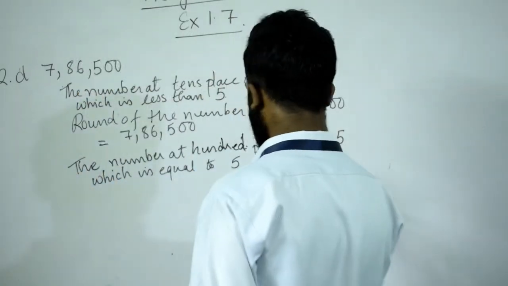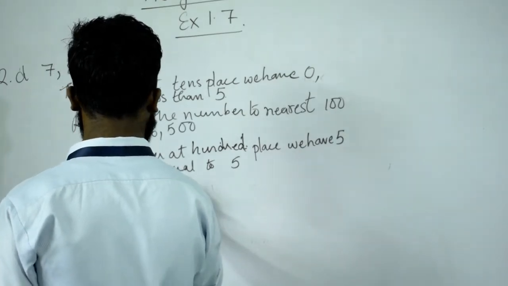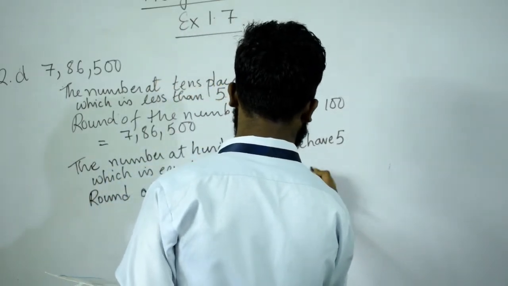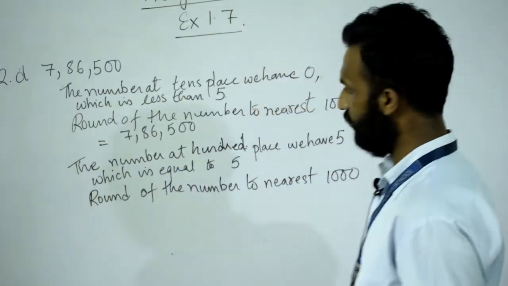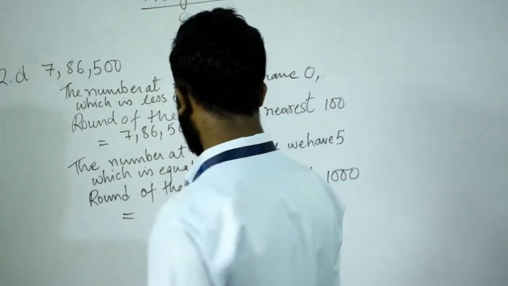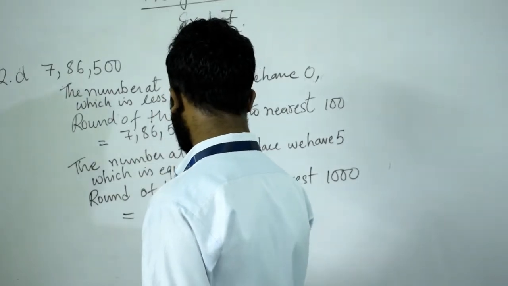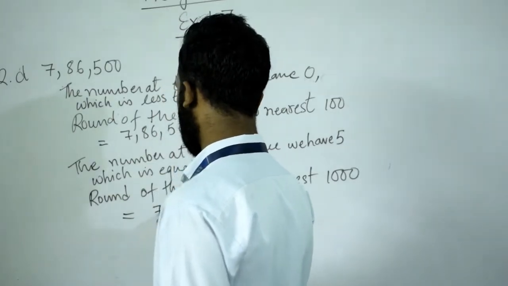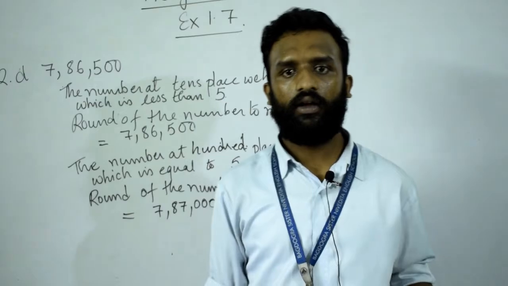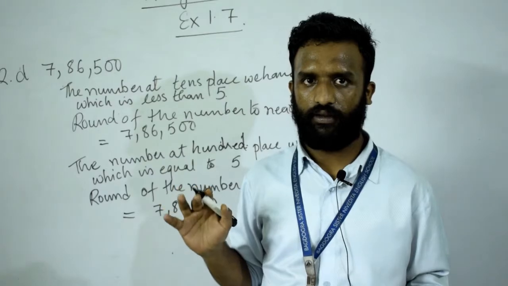So rounding the number to the nearest 1000, we will change both the tens and the 100 to 0, and we will add 1 to the 1000 place, so it will become 7,87,000. So this is how you will do question D.